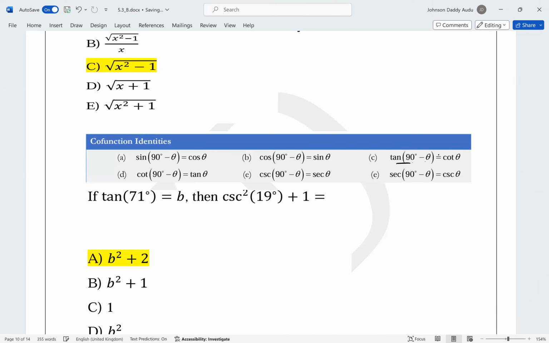Tan 90 minus theta is the same thing as cotan theta. Also here, there is a co-function identity between sec and cosec. For example, if you have sec 45, it's going to be the same thing as cosec 45. And if you have sec 20, it's the same thing as cosec of 90 minus 20, which is 70. So all these are what we call co-function identities.